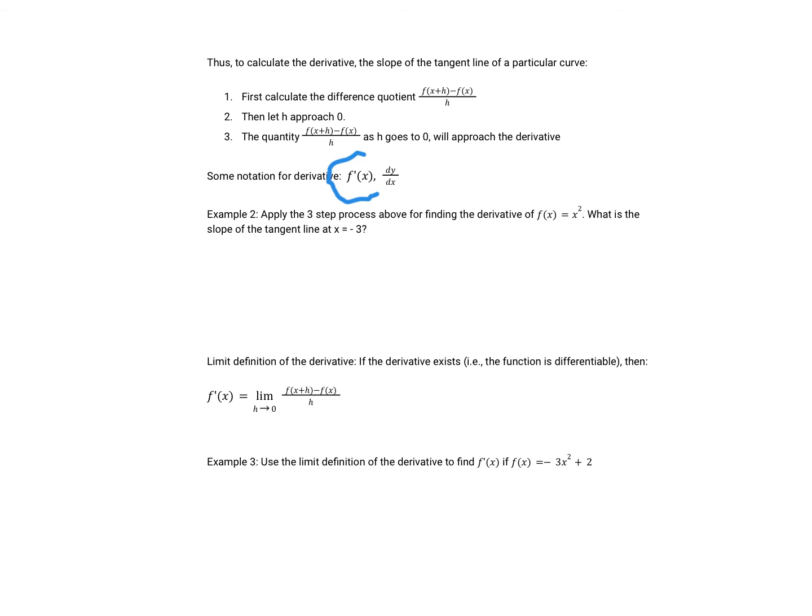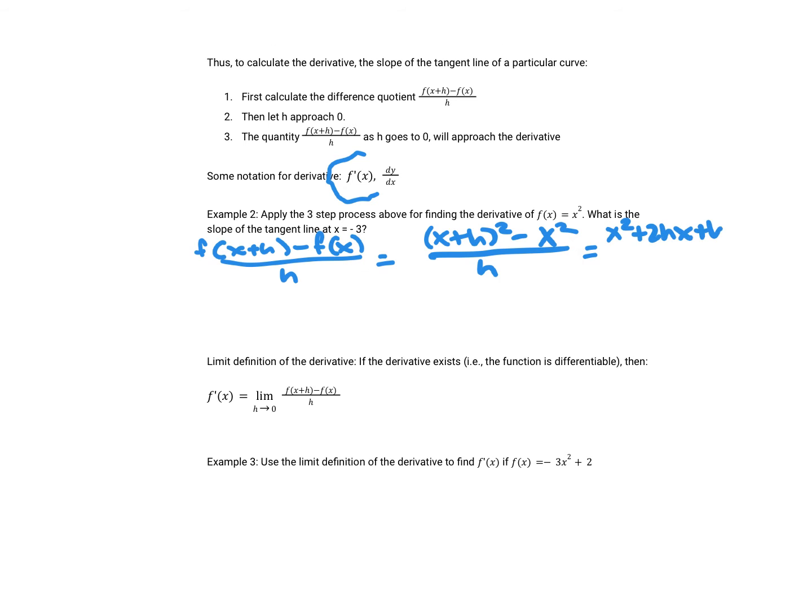So the difference quotient is, as we just said, f of x plus h minus f of x over h. So we're going to apply it for this function x squared: x plus h squared minus x squared all over h. Let's see what we get. We get x squared plus 2hx plus h squared minus x squared all over h.